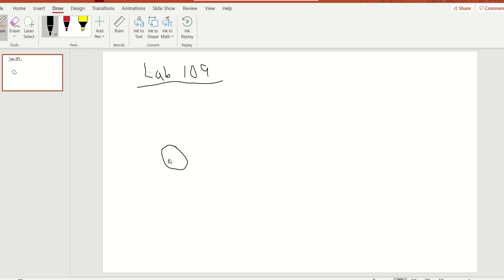One object is called M1, and then there's another object, we'll call it M2. And let's say that this object is moving this way, and this object is moving that way.